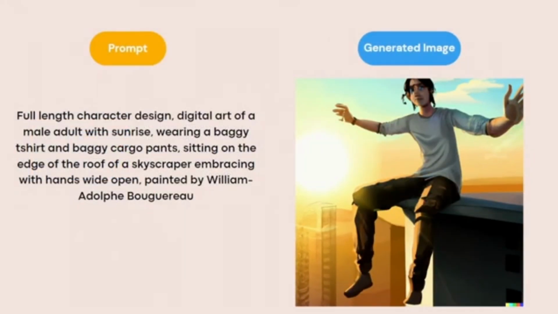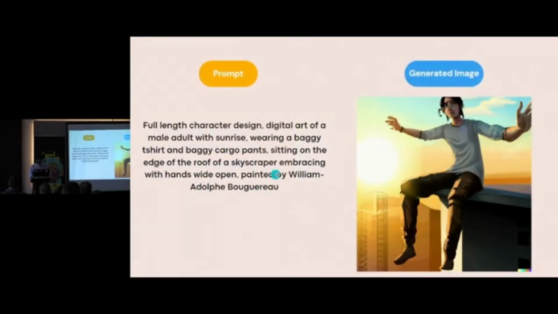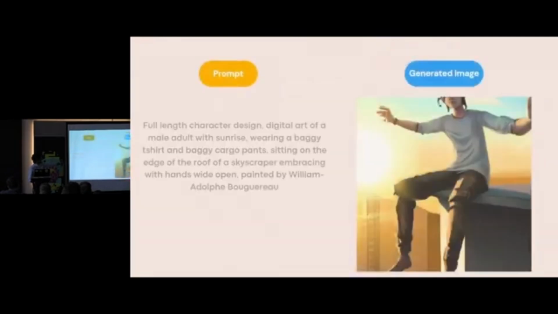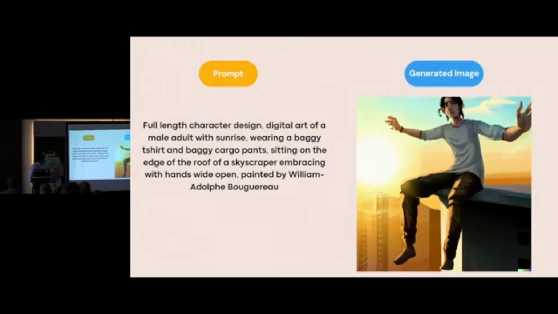It's a fully detailed character design. You see the prompt: full length character design, digital art of a male adult with sunrise, wearing a baggy t-shirt, baggy cargo pants, sitting on the edge of the roof of a skyscraper, embracing with hands wide open, and painted by some artist William. This is pure detail. So we have come from this to this. How cool is that?